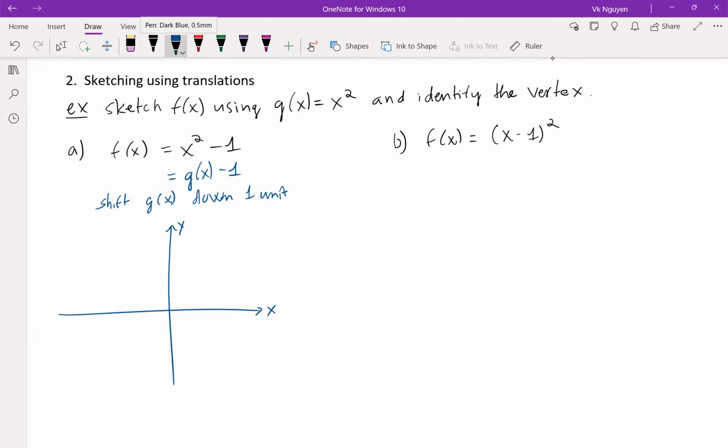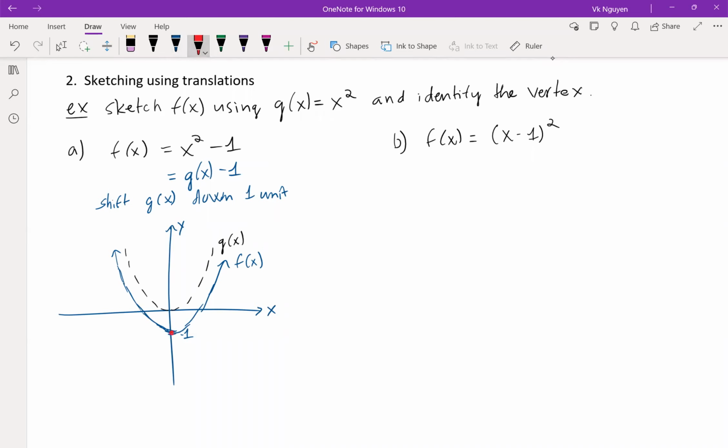So here comes g(x) right here. It's the parent function. And then f(x), we shift it down by 1 unit. It's a parabola. Pretty cool, huh?